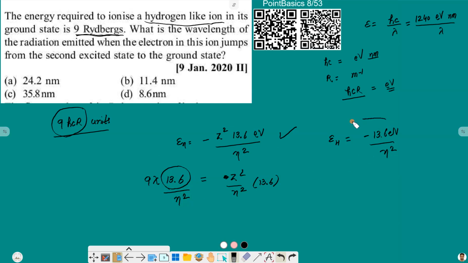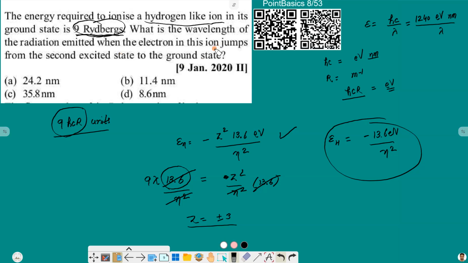And this is for hydrogen, where the ionization energy is 1 Rydberg or 1 hcR. So 9 times that of hydrogen is equal to Z square by n square into 13.6. The 13.6 gets cancelled, n square gets cancelled, and from this we get Z equal to plus or minus 3. So the value of Z is 3.